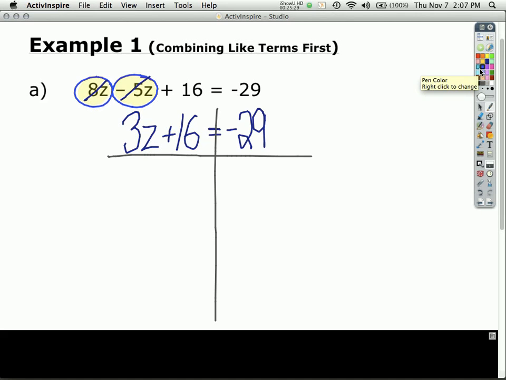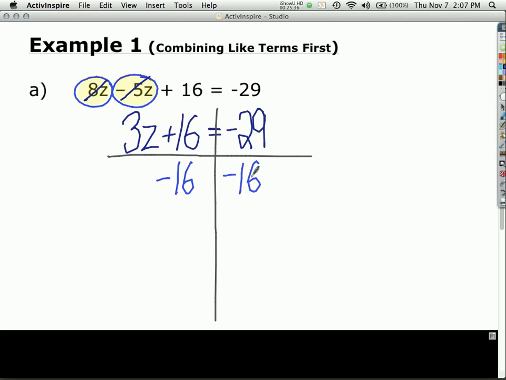Mia? Subtract 16 from both sides. She said that beautifully. It took her 5 words to explain it. This cancels. We're left with 3z equals, what does that come out to? Yadesh? Yeah, it comes out to negative 45.